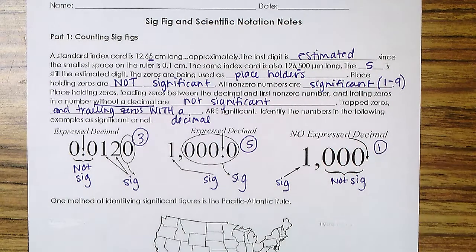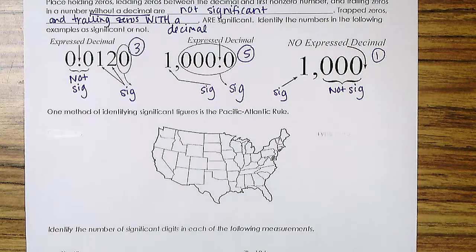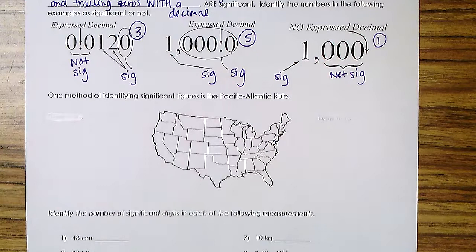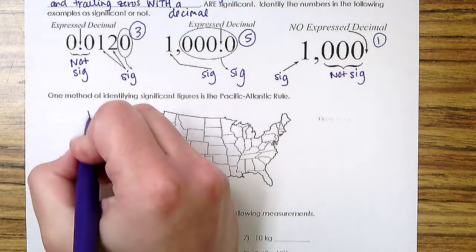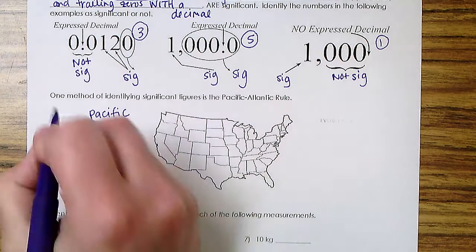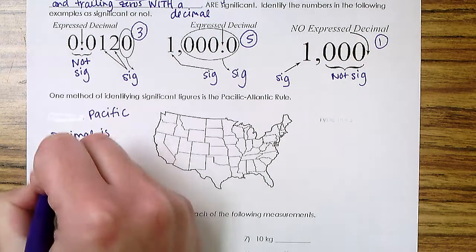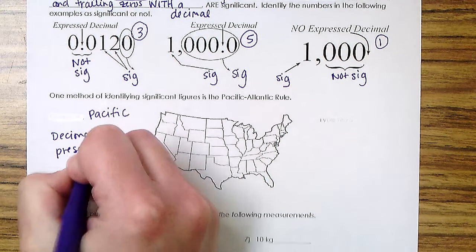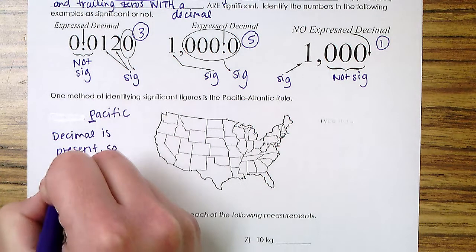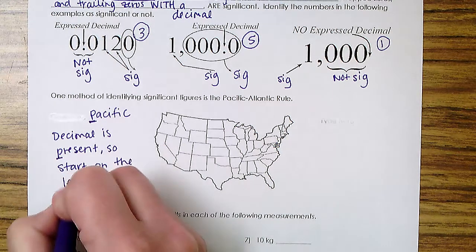Okay. We're going to look at another method to kind of think about that. So I have a picture of the U.S. here, and I like to use what's called the Pacific Atlantic rule. So if I'm looking at the United States, the Pacific is on our left side. So the Pacific rule says that a decimal is present. Pacific, present. So we're going to start on the left side.